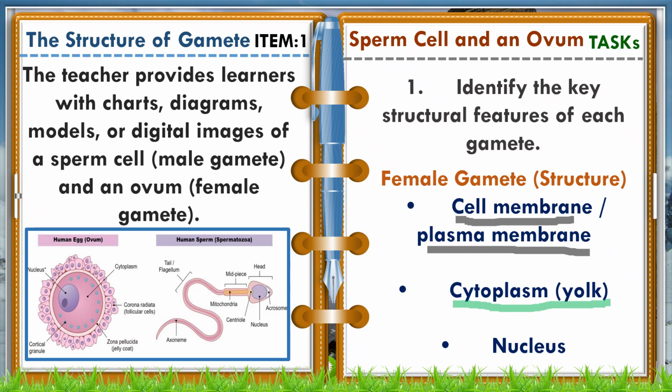The cytoplasm is all that part inside here, minus the nucleus. And then it also has a nucleus. The nucleus is this middle part here, which is compressed on the sides. That is what we are calling the nucleus.